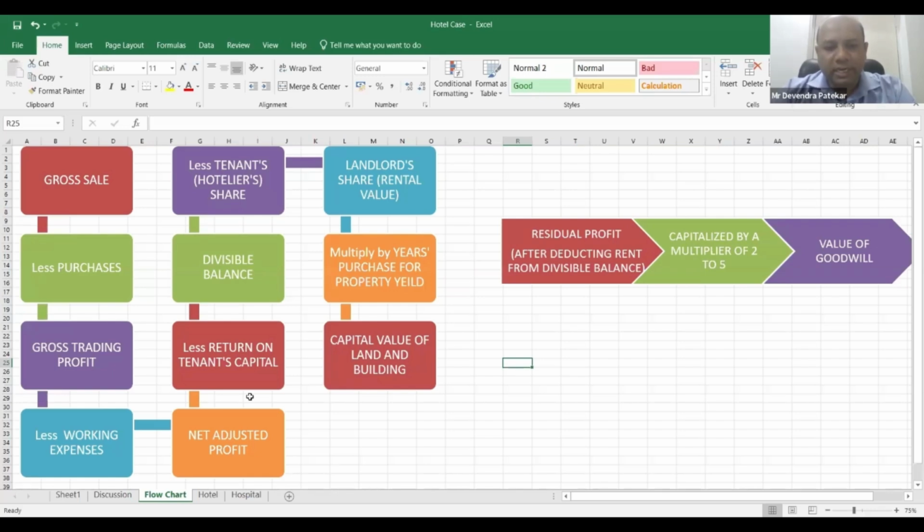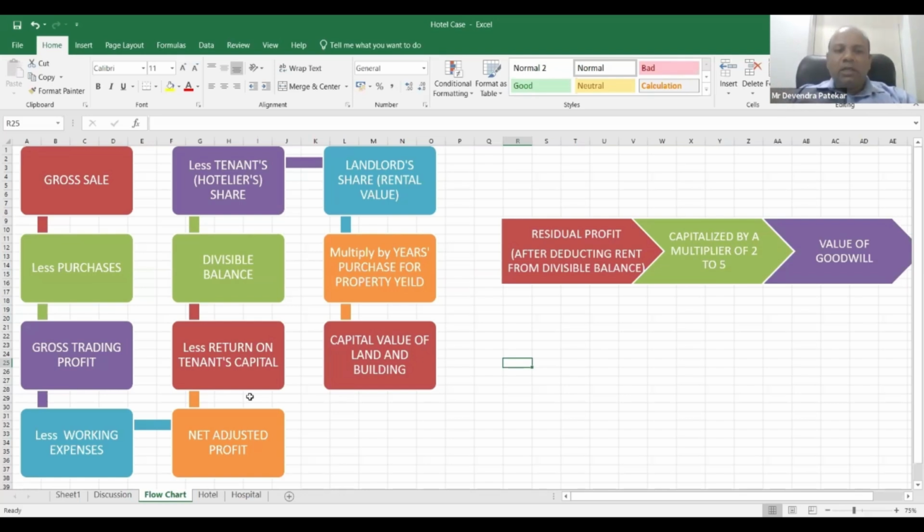Now, from this net adjusted profit, we have to deduct the return on tenant's capital. So let's say the capital expenditure in constructing the building is made by the hotel company, and let's assume that the number is 30 crore rupees.